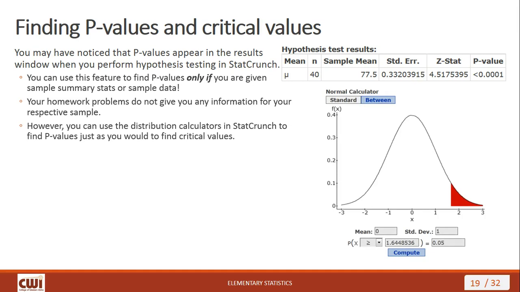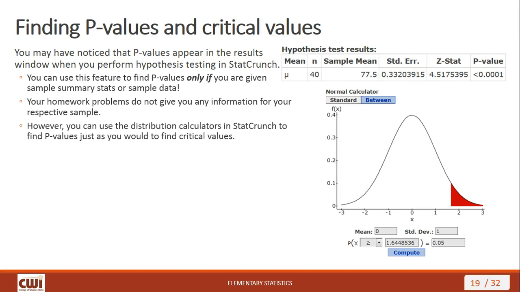For the example we've been looking at, where we're looking at proportions, we want to use a standard normal distribution. So we go to the normal calculator and put in whatever significance level we have, which in this case was 5%, so alpha is 0.05. We put that in for our area and compute, and out comes our critical value that we can then use for testing with the test statistic.